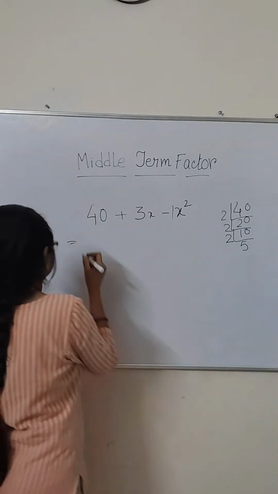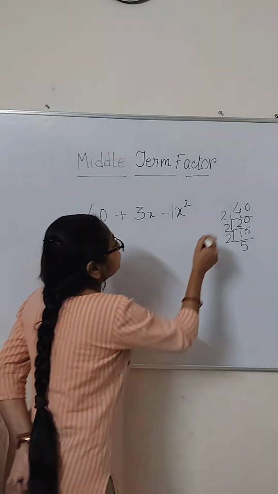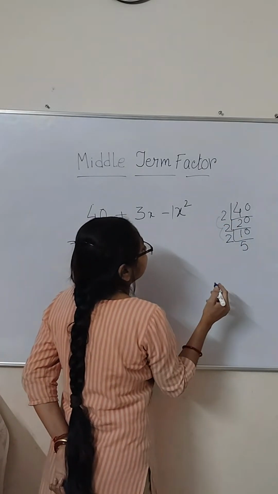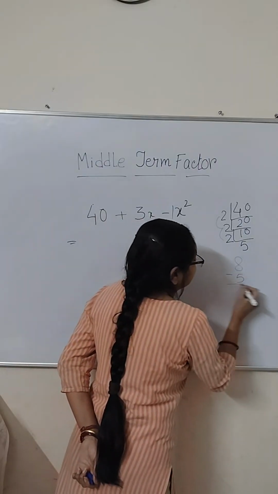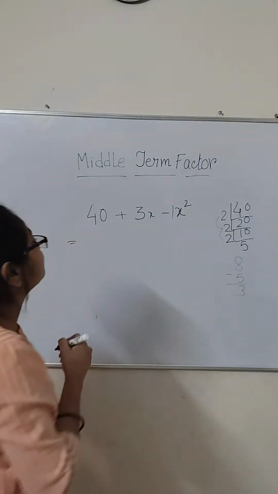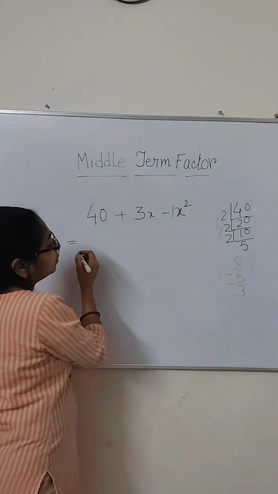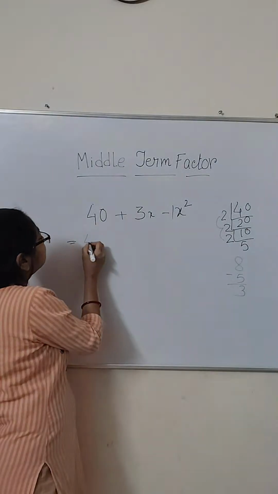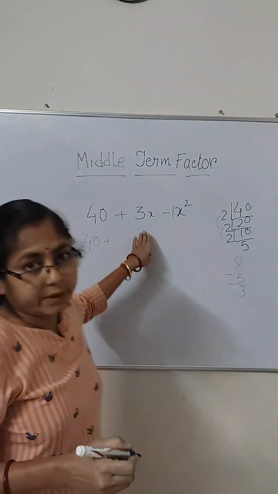Now what are you doing? 8, 5. Now you make this one. 40 plus. You make the 3 by minus.